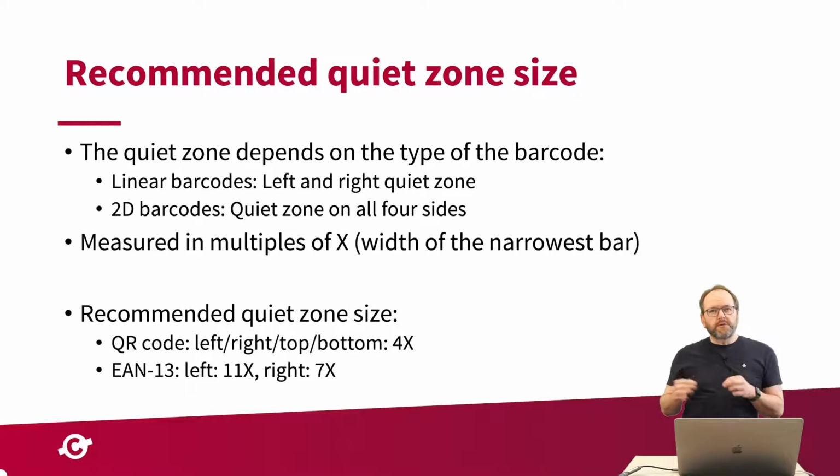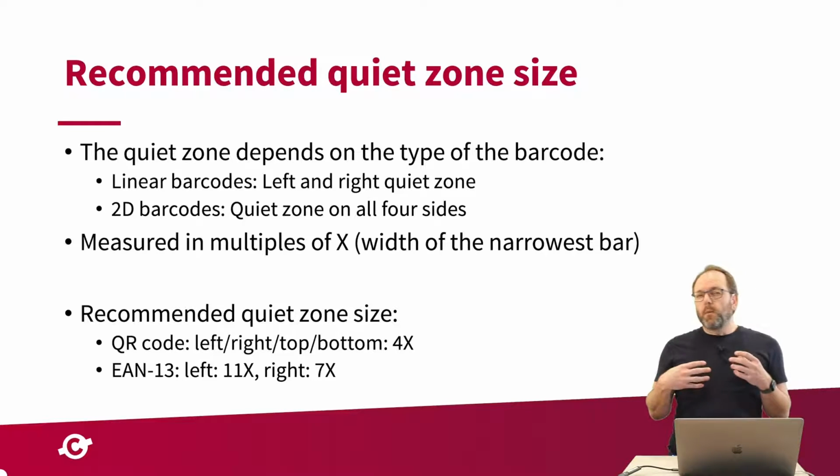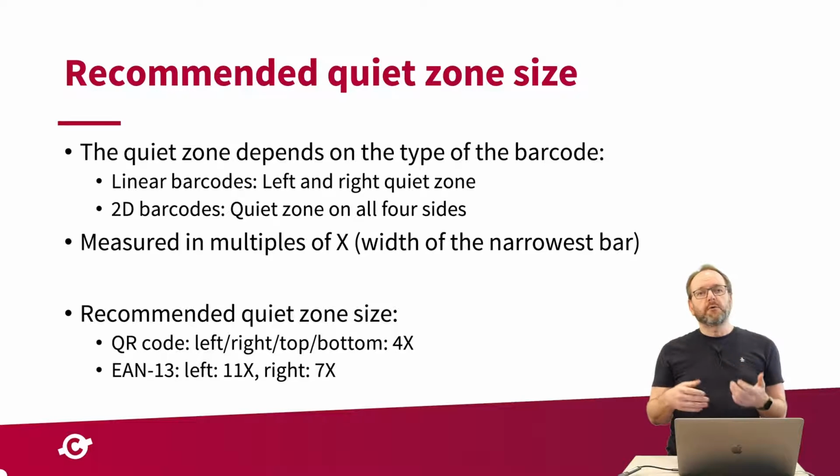Whether you need a quiet zone depends on the symbology, and where these quiet zones are also depends on the type of barcode. For linear barcodes like ISBN or EAN, you typically have a left and right hand side quiet zone, so two white areas on the left and the right. For 2D barcodes like a data matrix or a QR code, the quiet zone is typically all around the barcode.